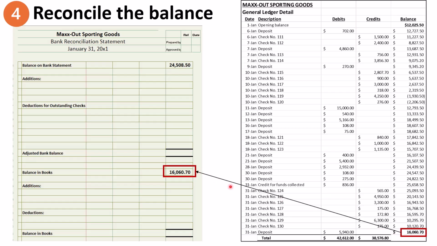Looking at the general ledger detail for Max Out Sporting Goods, the ending cash balance as of January 31st is $16,060.70.